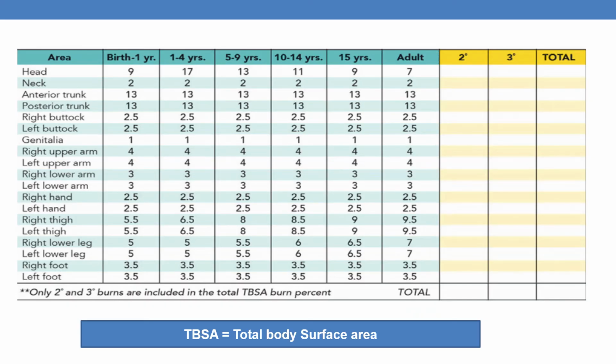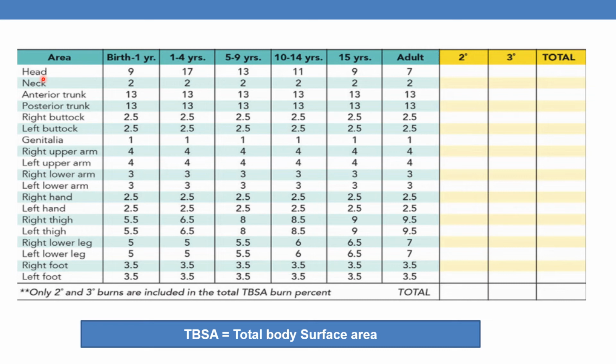Now, in order to calculate the total body surface area of the burn, each and every anatomical region of the human body has been allotted a certain percentage of surface area, and it is different for adults and for infants. For example, the surface area of the head for infants from birth to 1 year is 9%, whereas for infants from 1 to 4 years it is 17%.